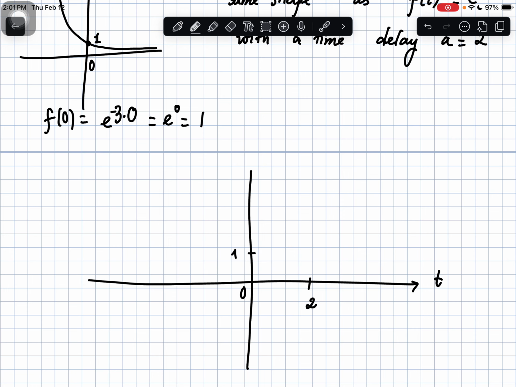So before time equal 2, it is just 0. Starting from time equal 2, it starts acting like f(t). So we see it's 1 here, and then it goes down, approaching 0 as t goes to infinity.